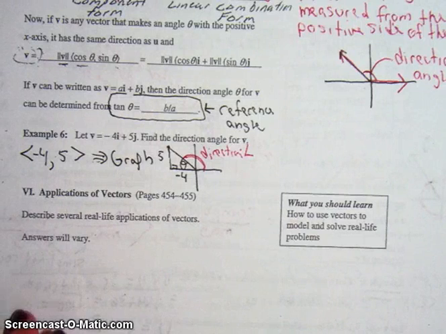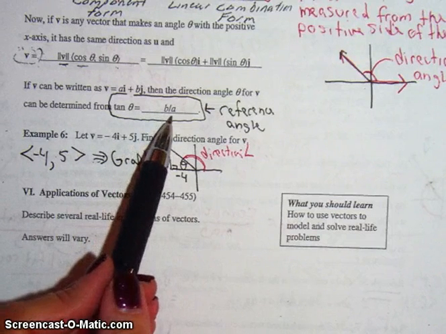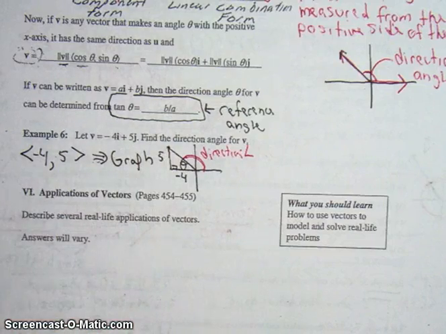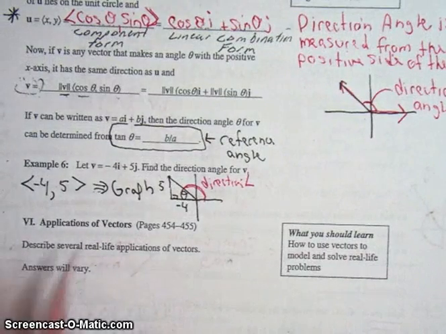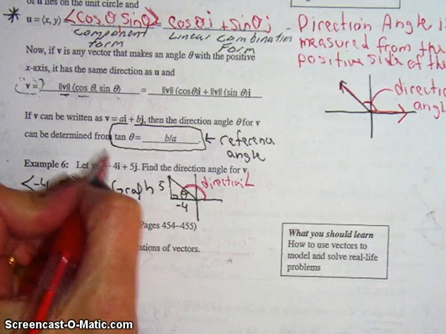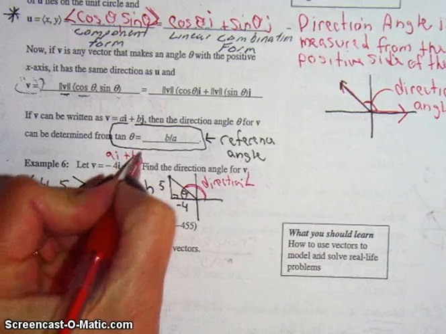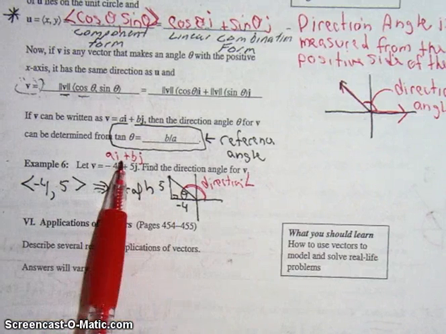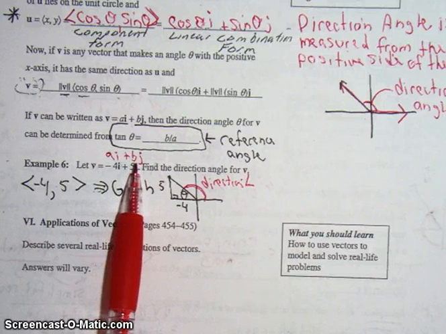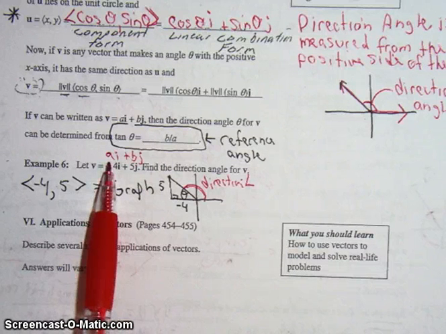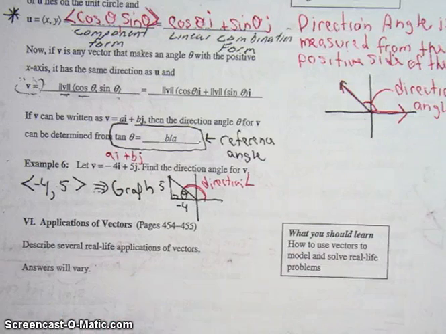Another way that they define it is tangent theta equals b over a. That's when the vector is written in ai plus bj form. The direction angle will always be the tangent of the vertical component divided by the horizontal component.